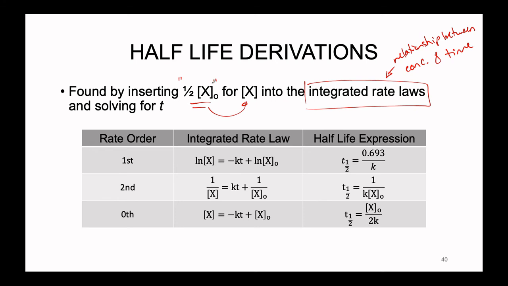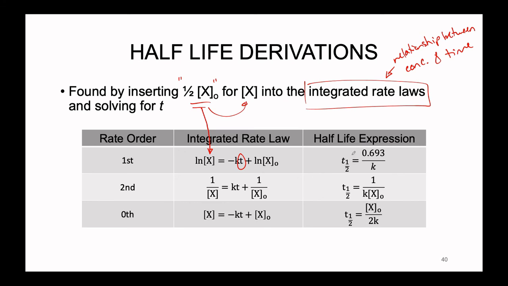So we're going to take half of our initial concentration of x, plug that in for our x in any one of our integrated rate laws, where each of the 3 that we've learned today can be seen in this table. And all we need to do then is rearrange and solve for t, since the initial concentration of x would hypothetically then either cancel out or remain somewhere in the equation as we rearrange and solve for t.